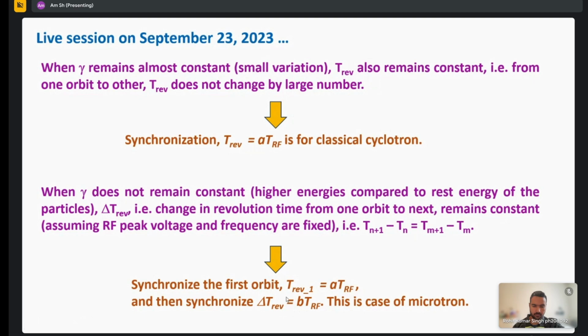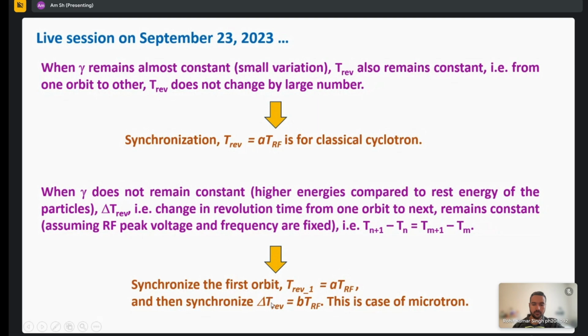So delta E will be QV sine omega t. Here V is the peak RF voltage and omega is the RF frequency. So QV sine omega t, if we are not changing V and omega, this will be constant and delta E will be constant.